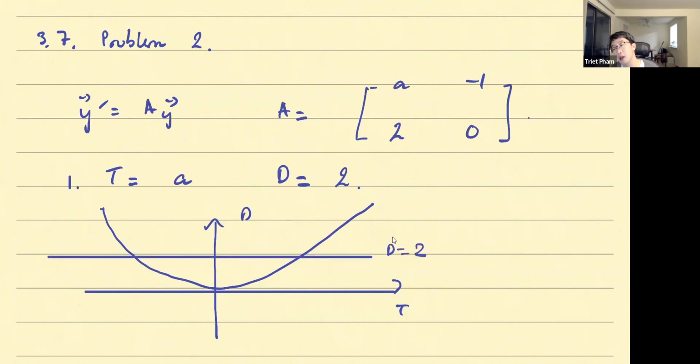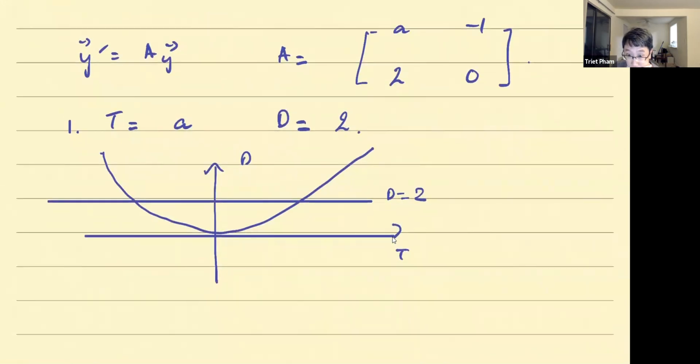So how many bifurcation points do you see, Carl? How many bifurcations do we have here? Correct, 3 bifurcations.